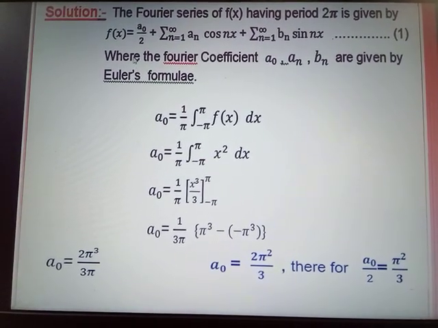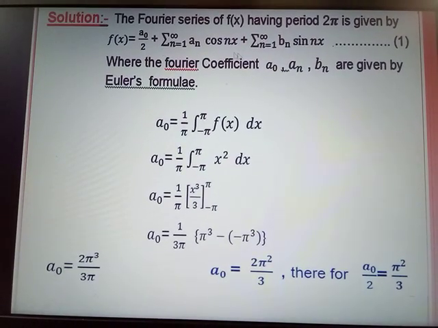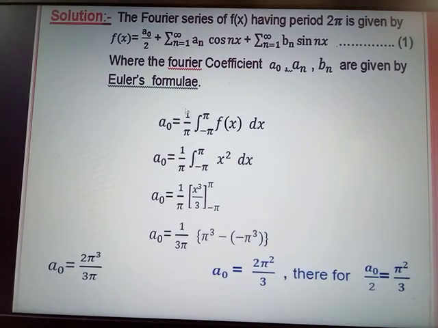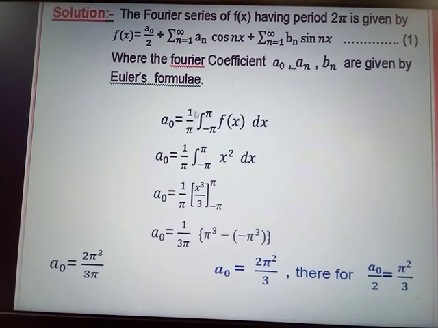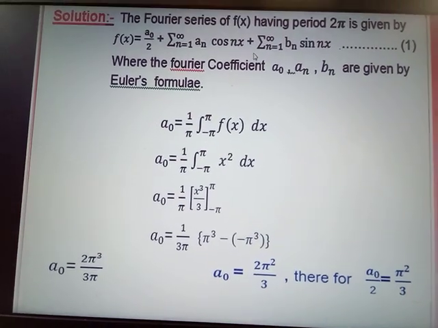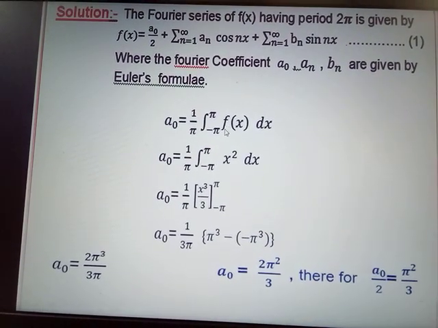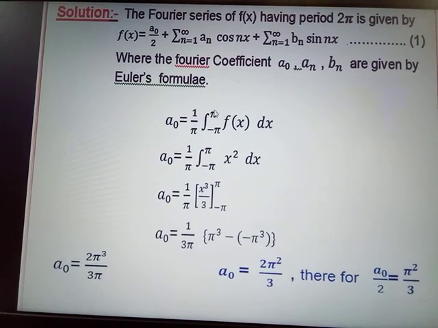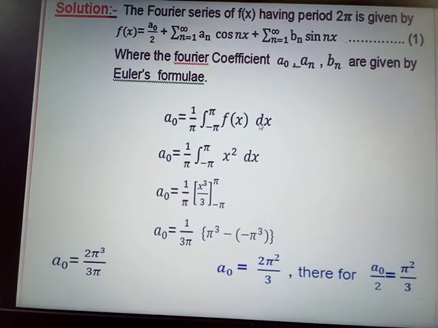Now the Fourier coefficients a0, an, bn are given by Euler's formulae. Those are a0 is equal to 1 by pi. Here in our given example x lies between minus pi to pi, therefore our limits are minus pi to pi, integration from minus pi to pi f of x dx.